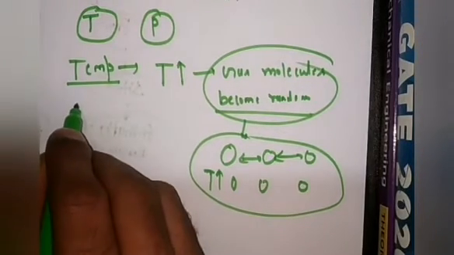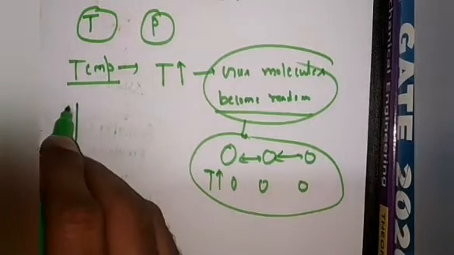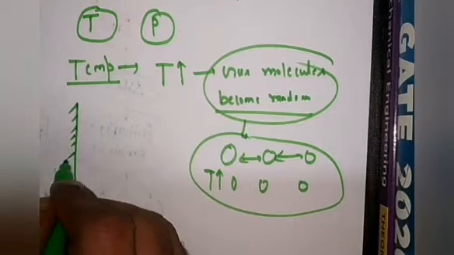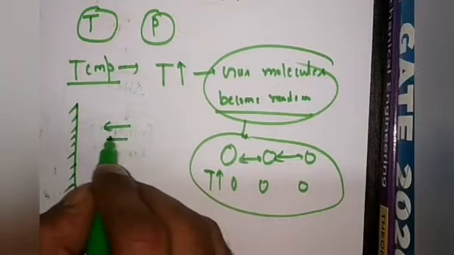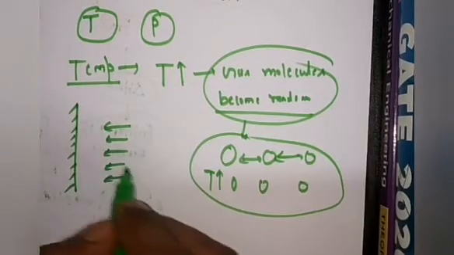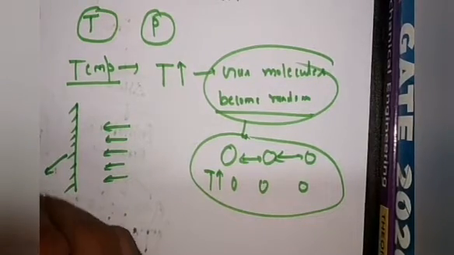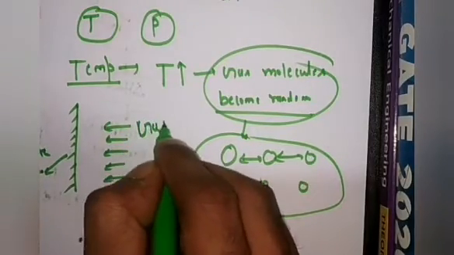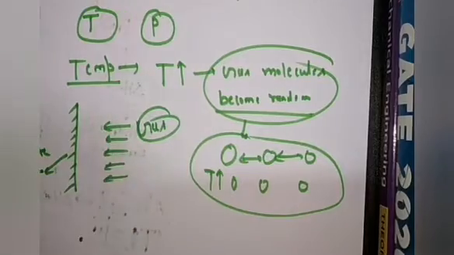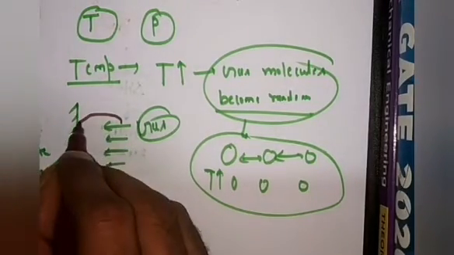Just understand one thing, if this is a vertical plate, I am just assuming this so that you can feel it in your day to day life. It is a gas stream, and this is a cold plate. What will happen when the gas collides with the cold plate?